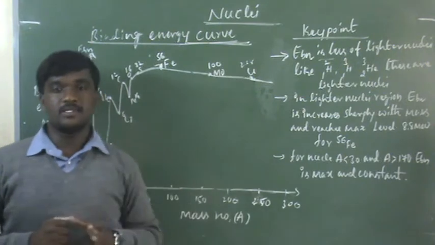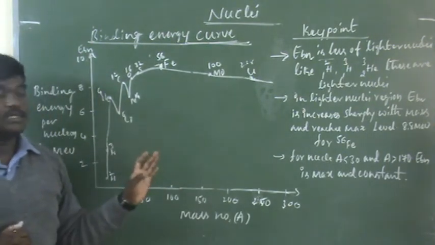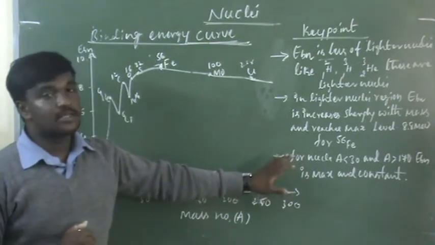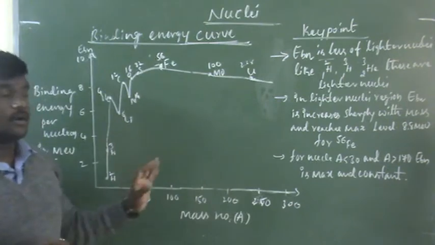Those nuclei are called stable nuclei. This is the third point of the nuclear binding energy curve.